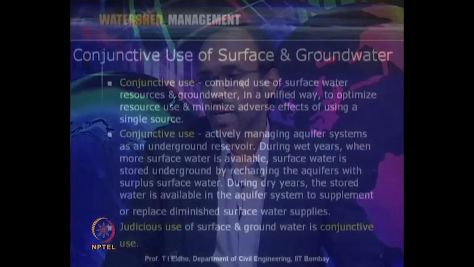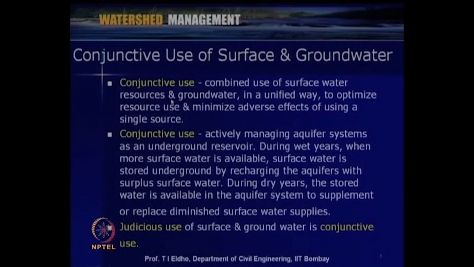We can define conjunctive use as the combined use of surface water resources and groundwater resources in a unified way to optimize the resource use, that means water use, and minimize the adverse effects of using a single source. So we are optimizing the use of both surface water and groundwater so that it minimizes the adverse effects of using either one alone.